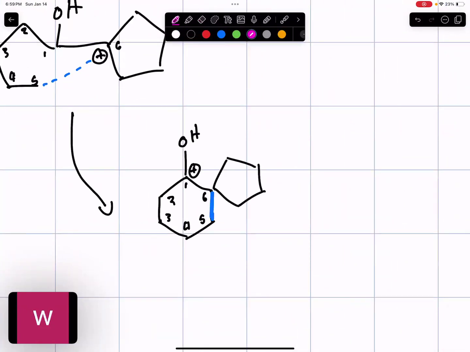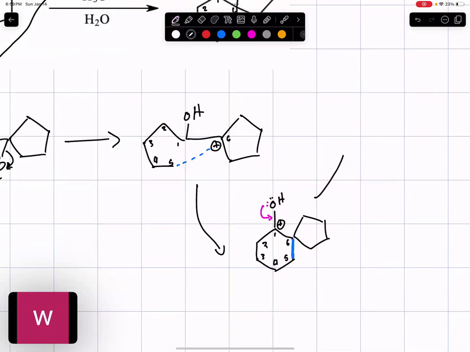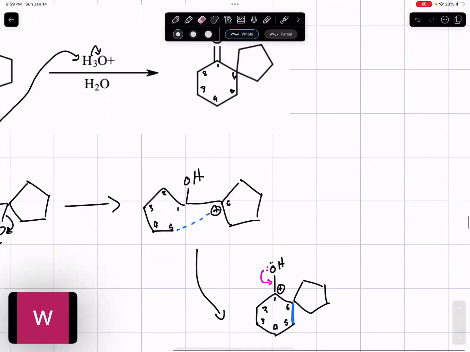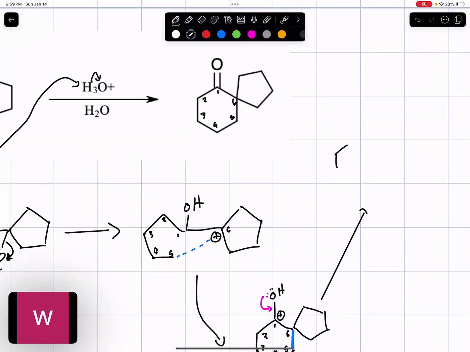So now that there is a lone pair on the hydroxyl group, that lone pair in pink is going to donate and form a pi bond here. Hold on, let me make this a little bit more to the right. That is going to form our carbonyl group.